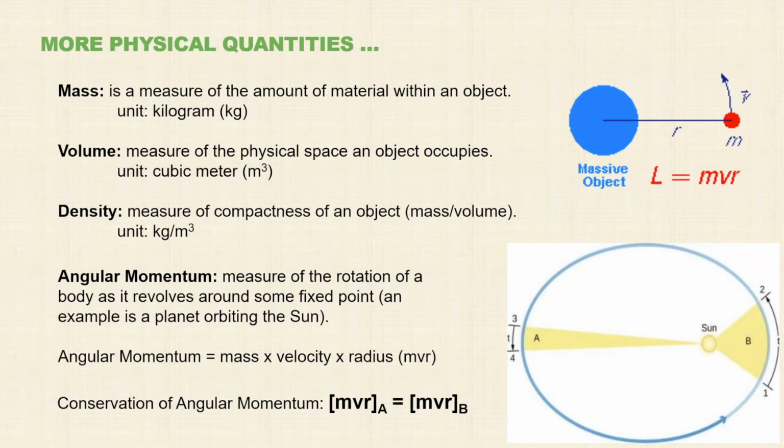But what's the formula? Mass times velocity times radius equals 100. When the object is here, is this radius the same as that? No, the radius has gone down. If the radius is decreased but the product should be 100, and the mass is constant, what must change? The velocity. So velocity goes up.